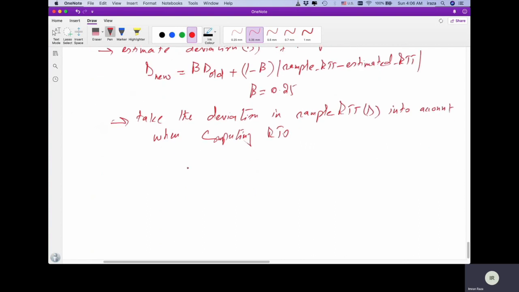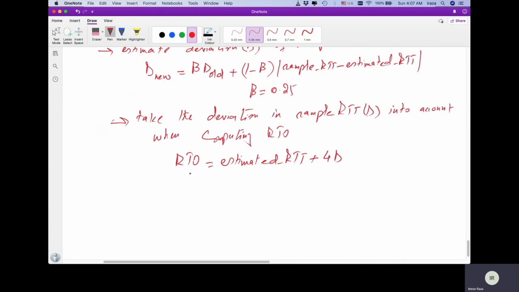So finally the retransmission timeout is equal to the estimated RTT, which is calculated as usual, plus 4 times the deviation, okay?